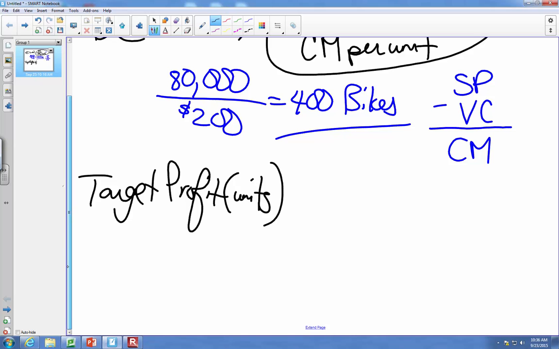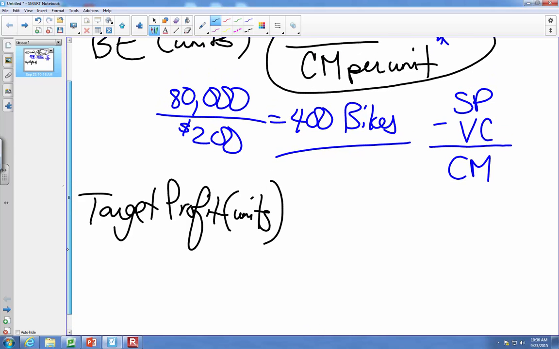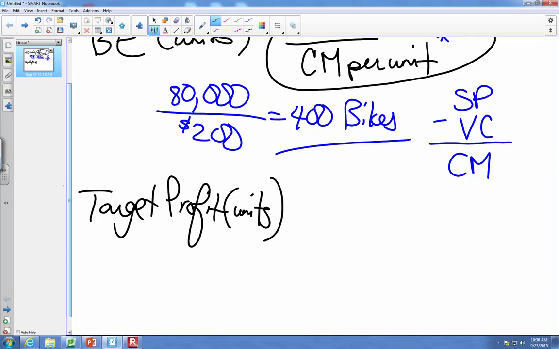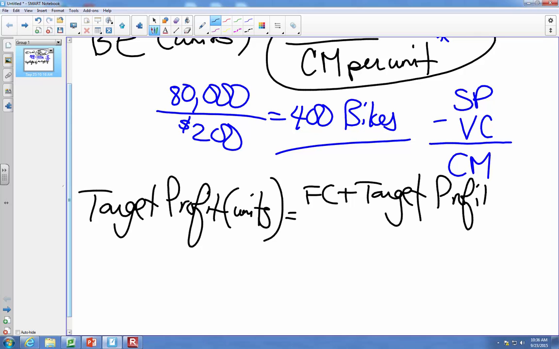Is the 200 cost for each bike staying the same? Yes, ma'am. What do I divide by?